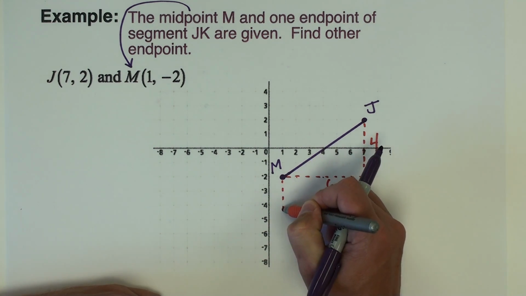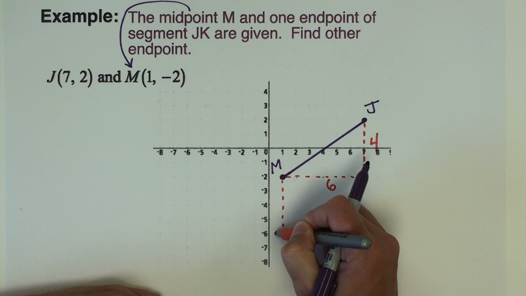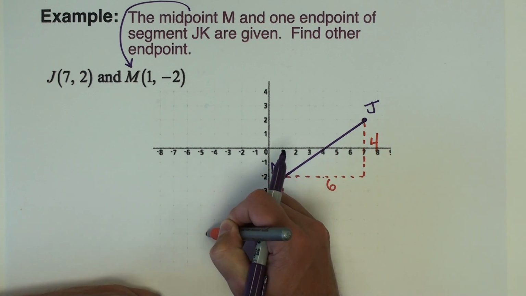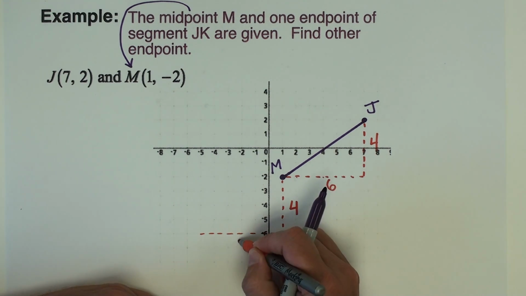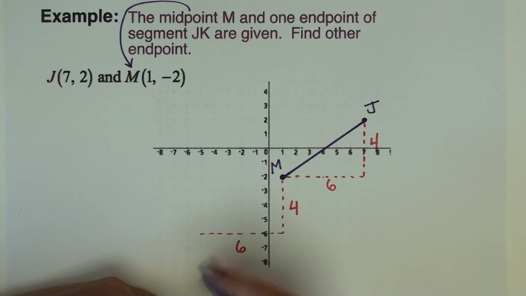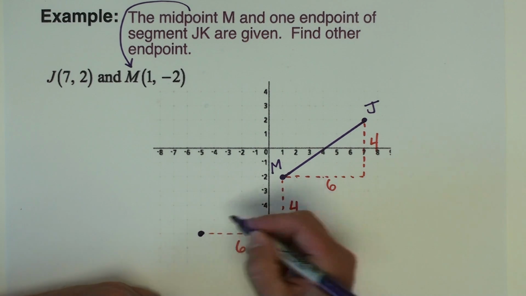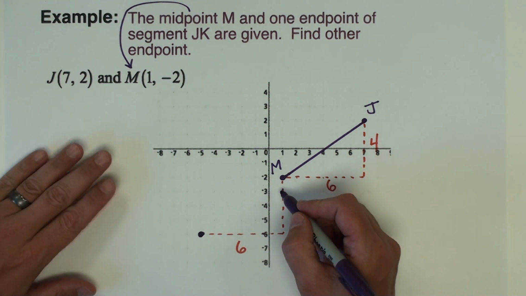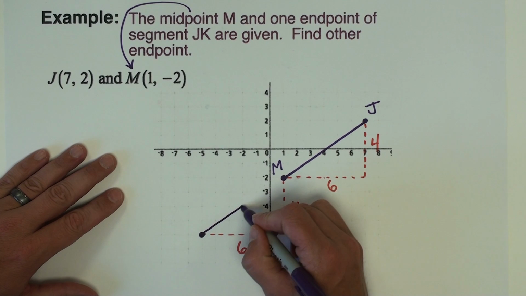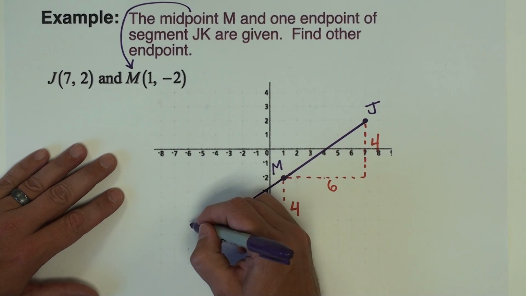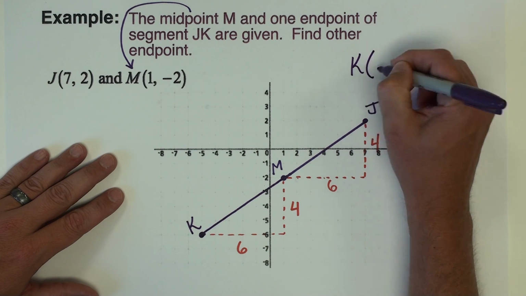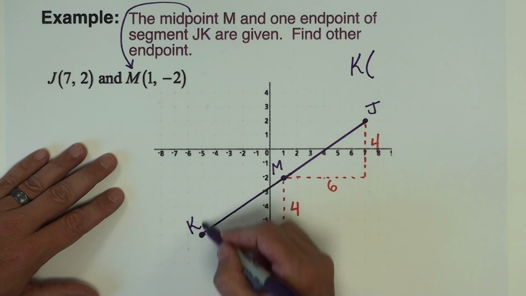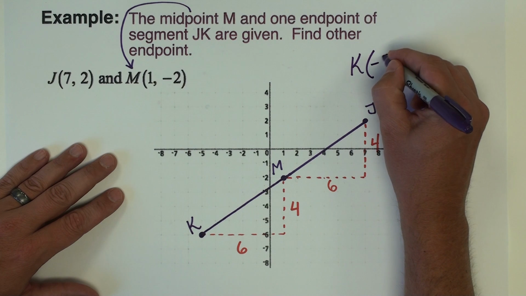Go down 4 more, over 6. And that should be my other endpoint. Right there. Okay, so that completes the line segment. That's point K. So point K is at, looks like, -5, -6.